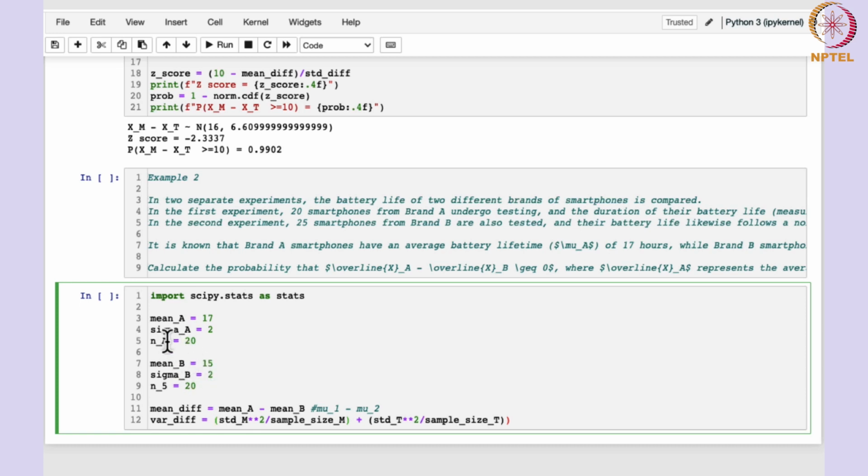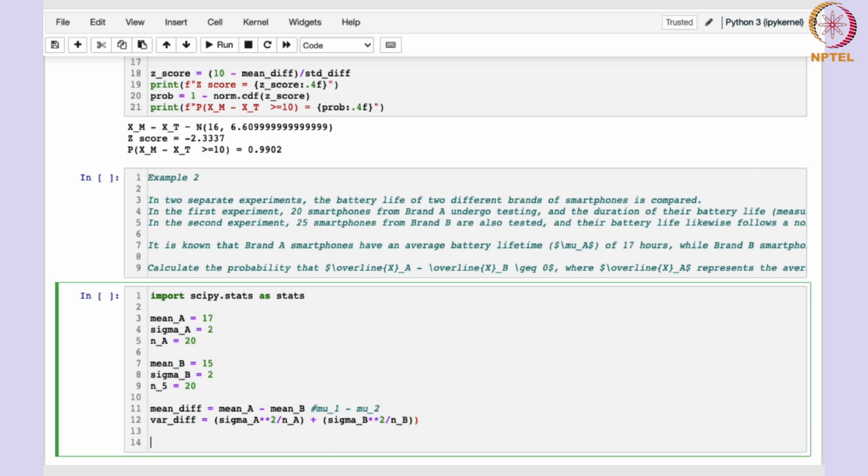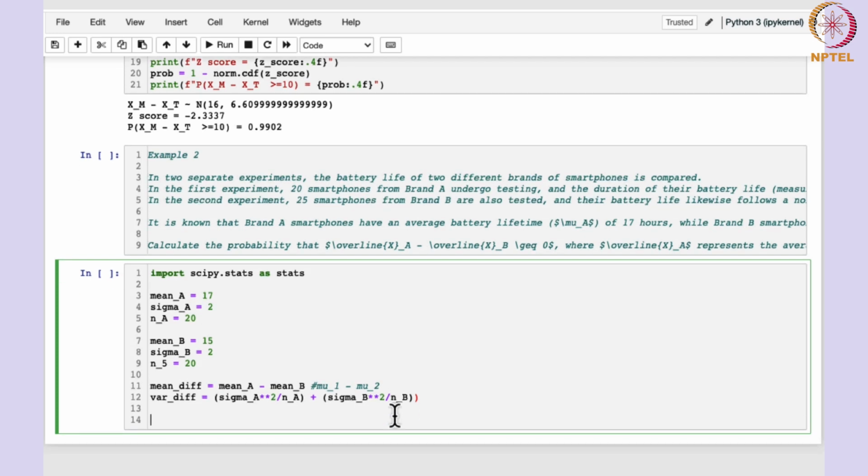So here we have written sigma, so let me just use sigma. So sigma underscore A would come, and here n underscore A would come. And this side it would again be sigma underscore B, and here it would be the sample size corresponding to B. Okay, so mean difference and variance you have obtained.